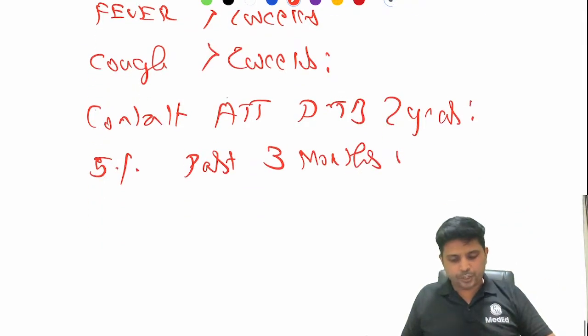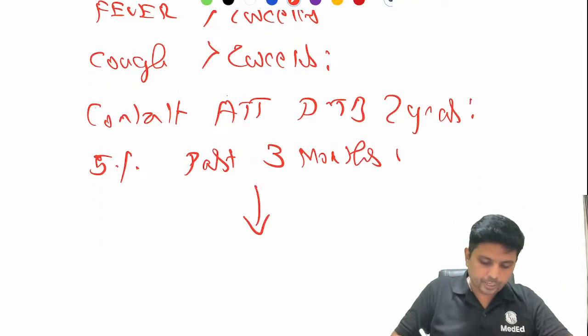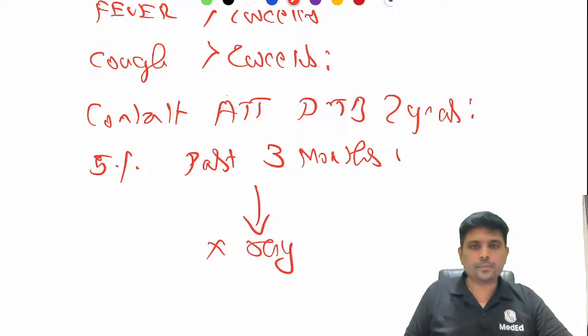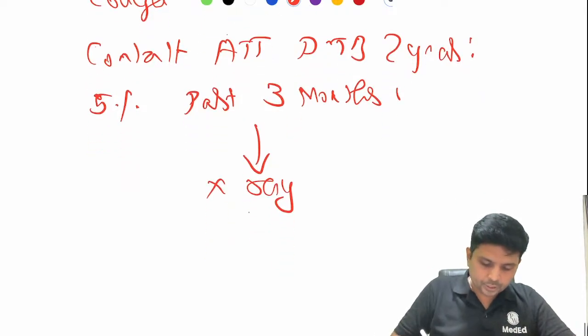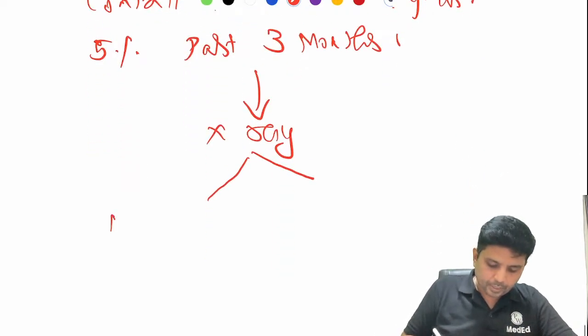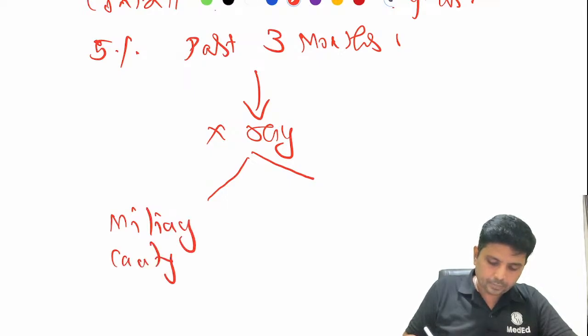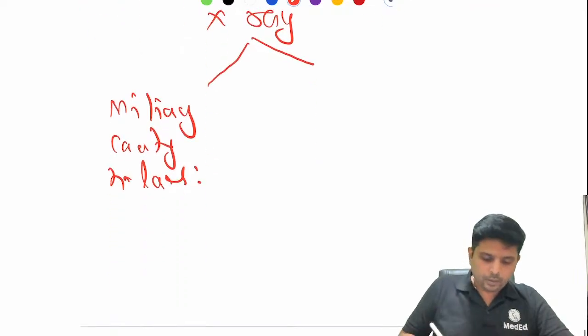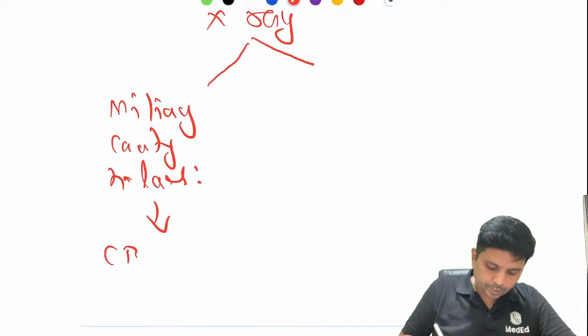When you have such a case, you need to take X-ray chest. In X-ray chest, if you find either miliary, cavity or hilar adenopathy, you need to do CB naught.